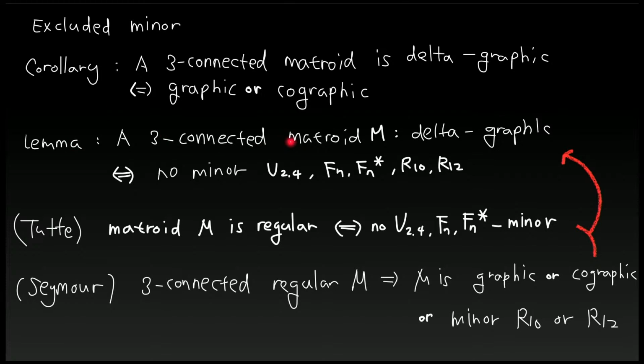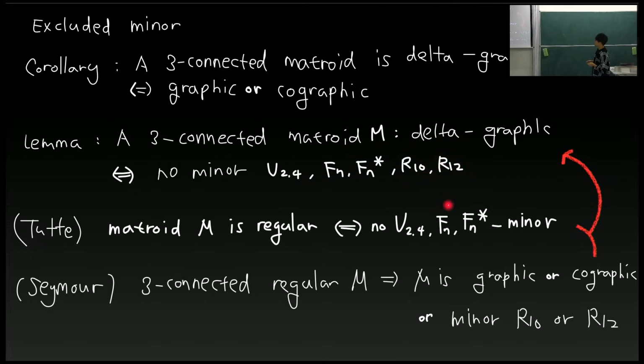A three-connected matroid is delta-graphic if and only if it has no minor isomorphic to one of these five matroids: U24, the Bound matroid, the dual Bound matroid, R10, and R12. Actually, we can easily check that these matroids are three-connected and neither graphic nor cographic, so they are not delta-graphic. So the forward direction easily holds.